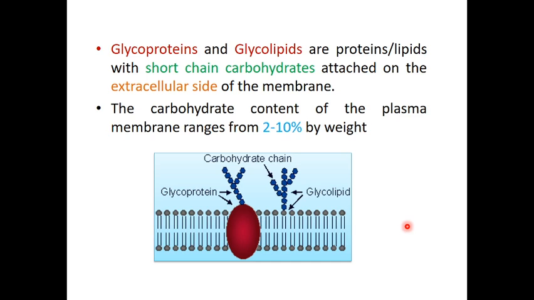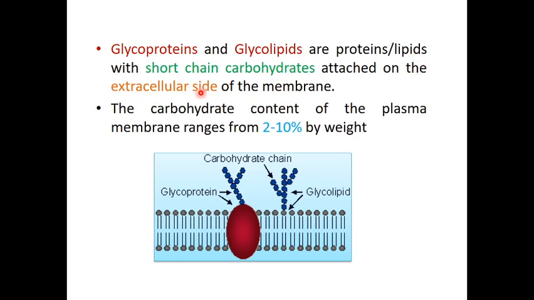The next slide also tells you about glycoprotein and glycolipid. Glycoproteins, as I mentioned, are proteins with a short chain of carbohydrates attached, and glycolipids are lipids, phospholipids, attached by carbohydrates on the extracellular side.